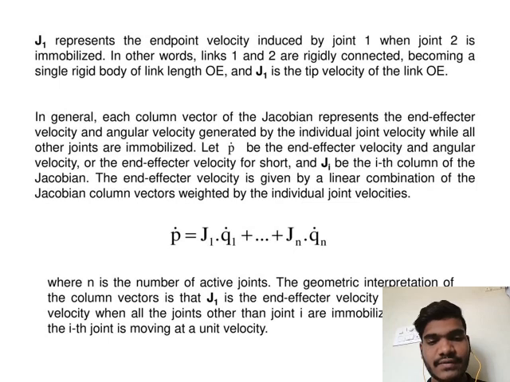P equals J1 q dot 1 plus so on to Jn q dot n, where n is the number of active joints. The geometrical interpretation of the column vector is that Ji is the end effector velocity and angular velocity when all the joints other than joint i are immobilized, or only the ith joint is moving at unit velocity.